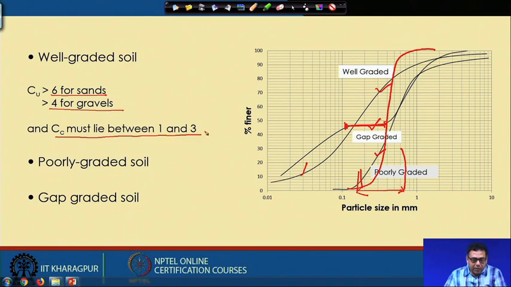It is not that if one particular condition is satisfied, then we can say it is a well graded soil. No, both the conditions have to be satisfied. So, if it is sand, then Cu should be greater than 6 and Cc should be in between 1 and 3. That is the definition of the well graded soil. Similarly, the poorly graded soil and gap graded soil I have already explained.